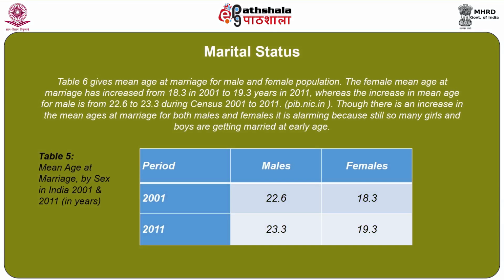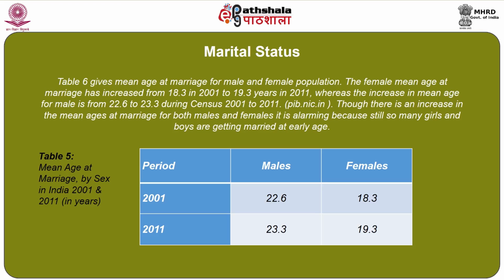Table 6 gives mean age at marriage for male and female population. The female mean age at marriage has increased from 18.3 in 2001 to 19.3 years in 2011, whereas the increase in mean age for males is from 22.6 to 23.3 during census 2001 to 2011.